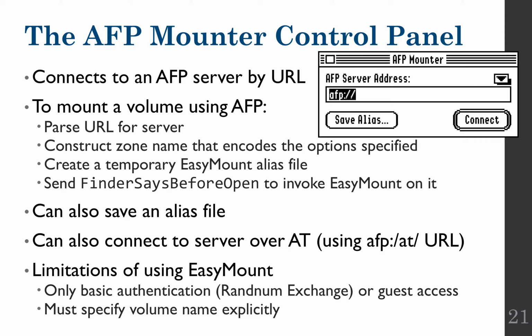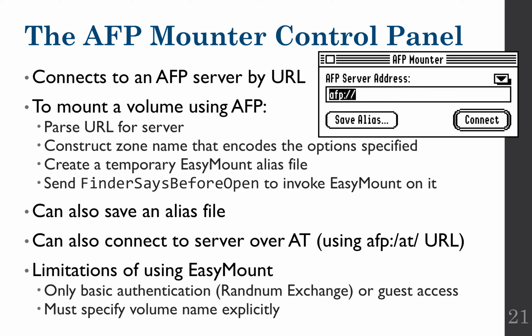So the basic process for that is first to parse the URL, then construct a zone name that encodes the options specified. So as I've mentioned, we use these zone names that start with AFP over TCP, but can also include these various option codes after that that control how a few options work. And so we construct that zone name, and then we create a temporary EasyMount alias file that uses that constructed zone name.